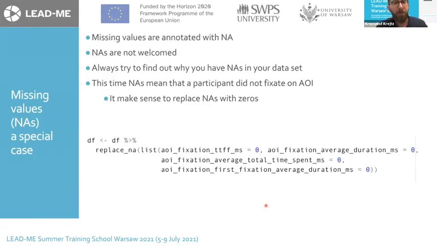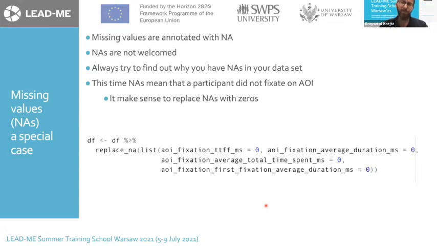So the Real Eye platform put the NA in this record. Instead of putting 0, it puts NA. So for example, like me looking at these 3 pictures, I did not look at one picture, a positive picture. So I will have an NA in the number of fixations on this AOI.